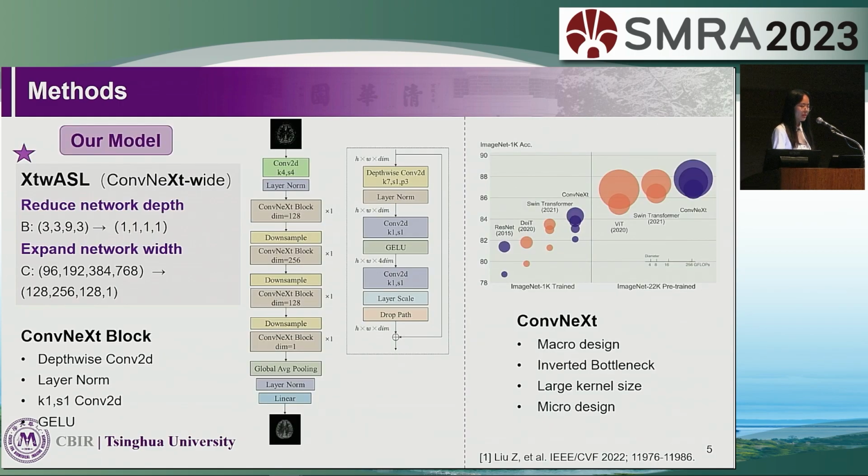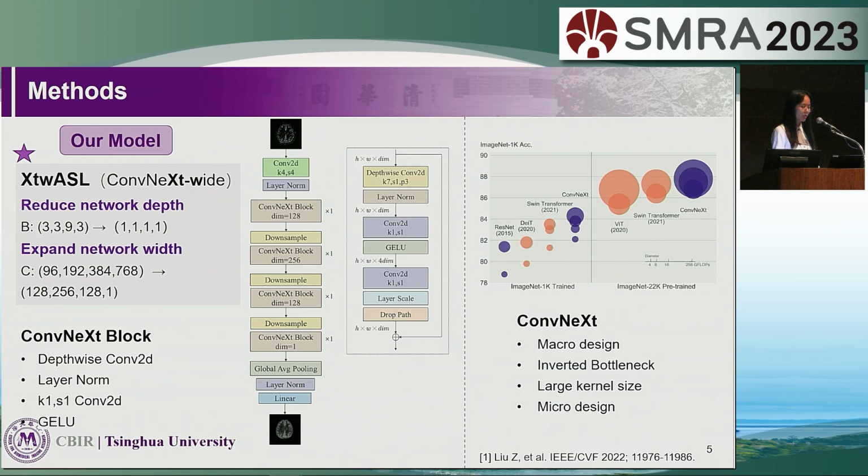After comparing the previous four models, here I propose a new model called STW-ASL. This model is based on ConvNeXt, a classification model proposed last year. It combines the strengths of previous CNN models, and its performance is even better than Swin Transformer, as you can see in the figure on the right.